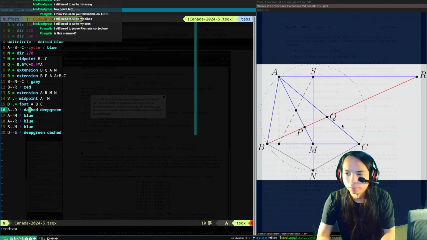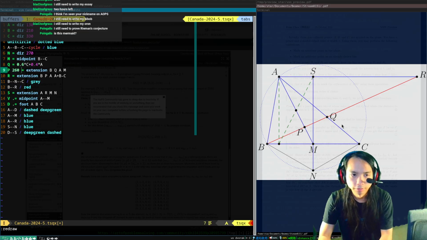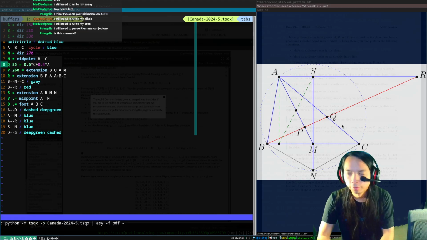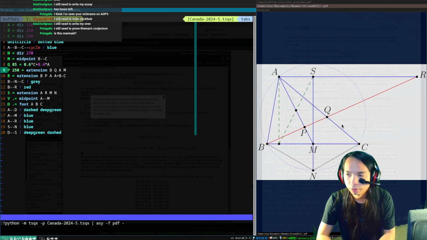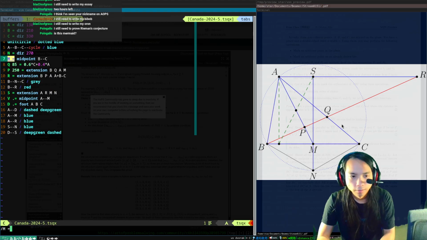I think Q is still... whatever, we'll let it go. I want this to be around 260 and Q to be 85. No, it's not just a little bit. And we can move the label to like 45 degrees.